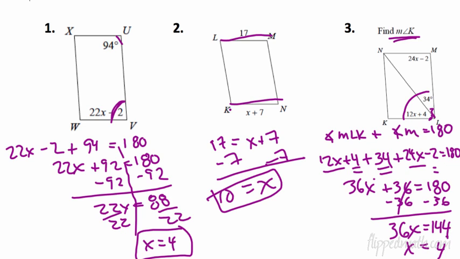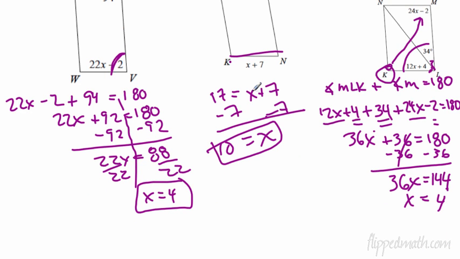Did I box it? You know why? Because it says find the measure of angle K. Angle K is down here. K is the same measure as M. So guess what we have to do? We have to find the measure of angle M, which is 24x minus 2. That's what angle M equals.